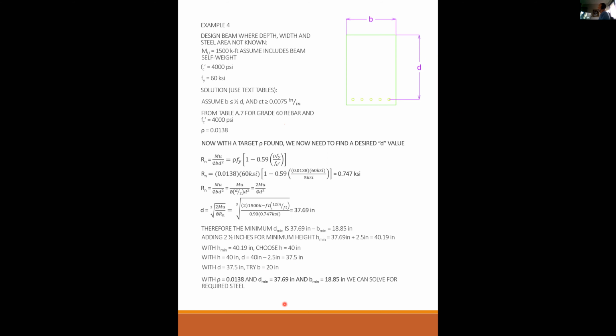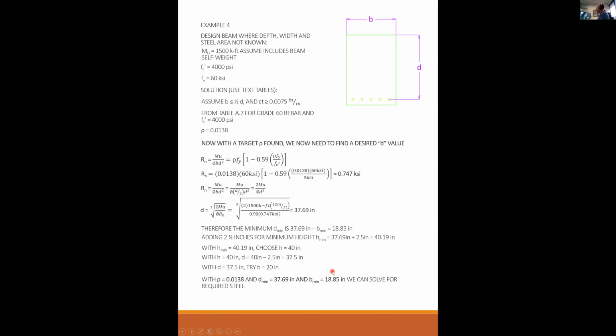With rho equal to 0.0138, D minimum at 37.69 and B minimum at 18.85, we can solve for our required steel. Again, the explanation to this is that many times you calculate the minimum here and here, that's the minimum.